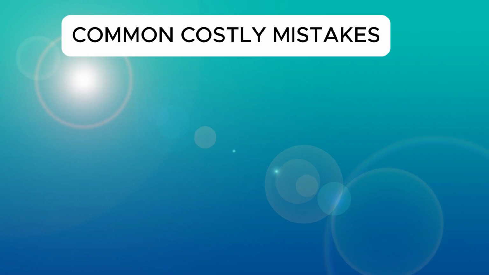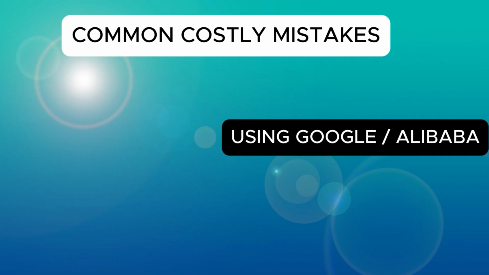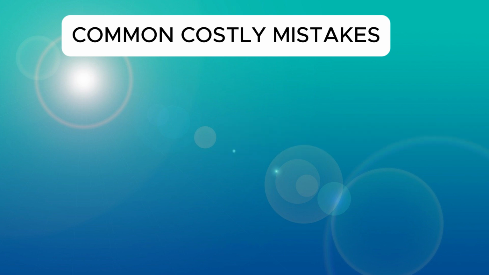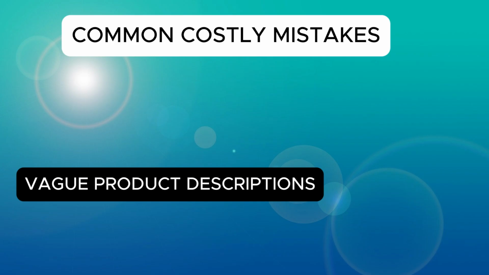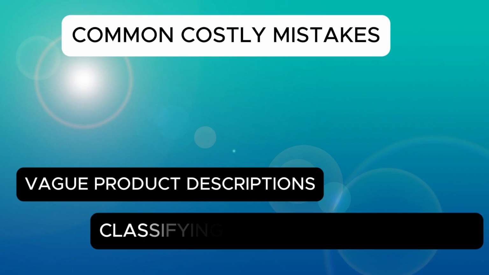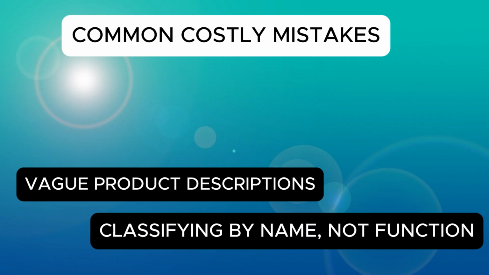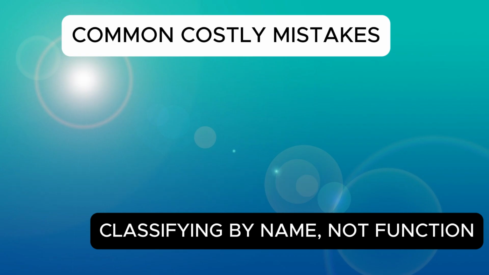They use Google, Alibaba, or other B2B platforms to verify HS codes. They write vague product descriptions. They classify by product name instead of function. However, customs does not guess HS codes. Customs classifies using technical logic.